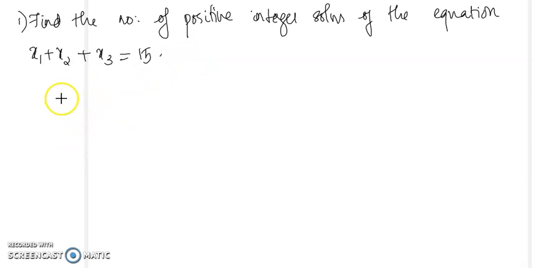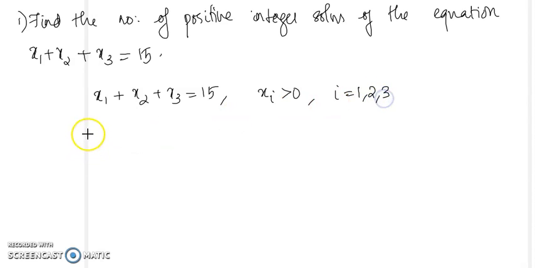So here we need to find the number of positive integer solutions. So we have the equation x1 plus x2 plus x3 equal to 15, where each xi is strictly greater than 0, and i equal to 1 to 3.